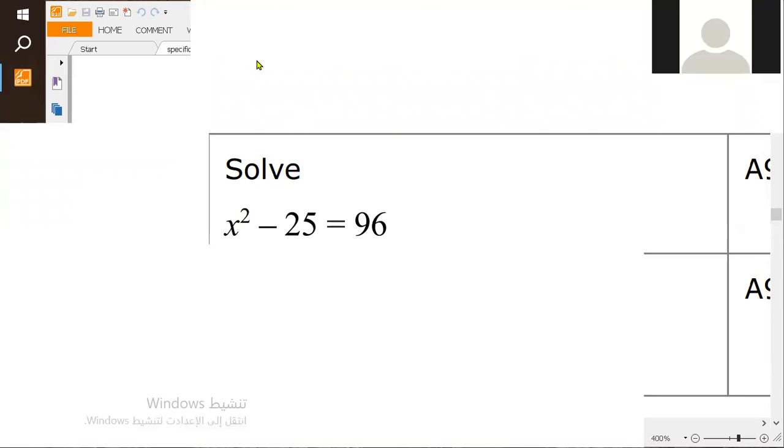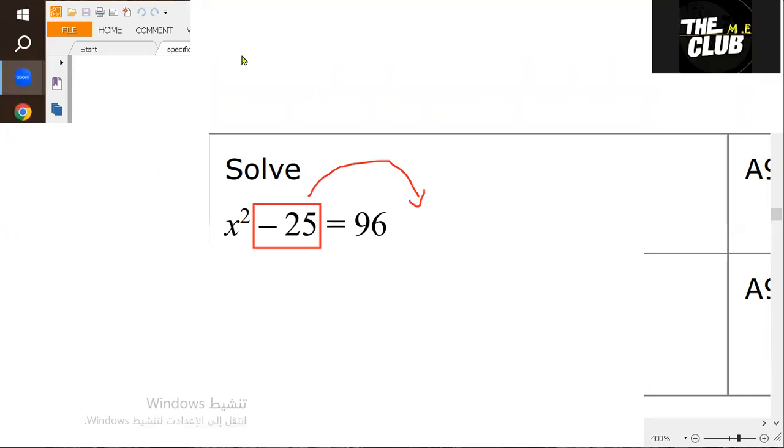First, we take this to the other side, so it's plus 25 first.